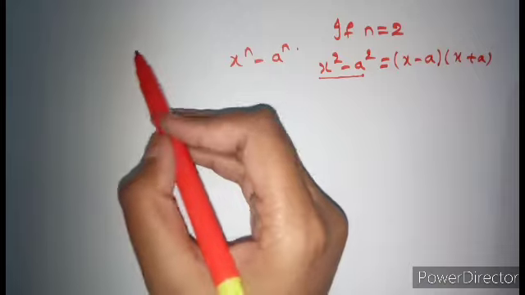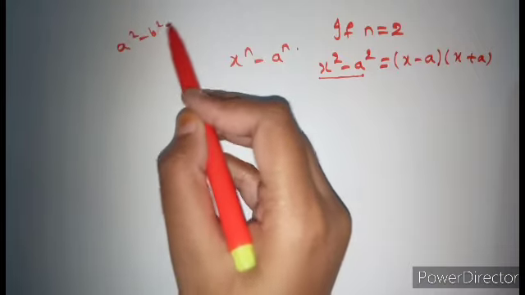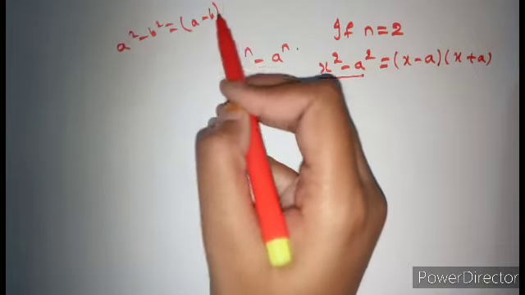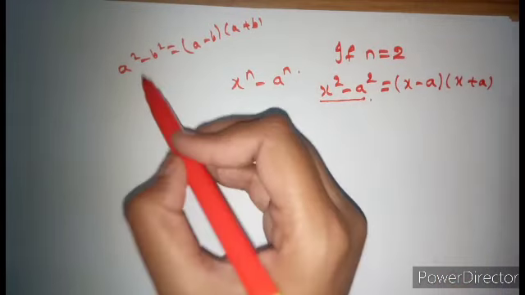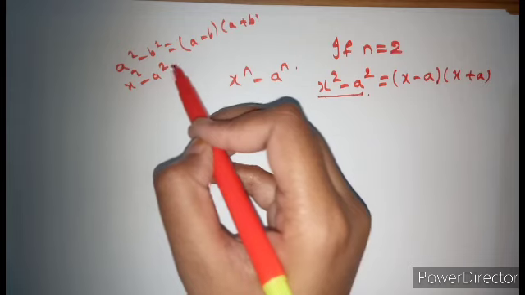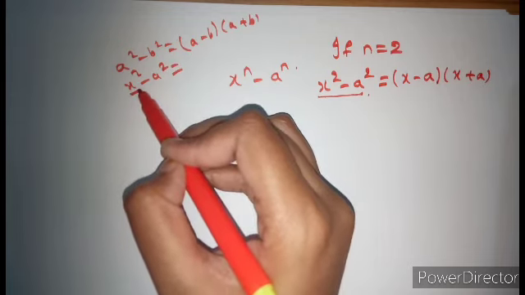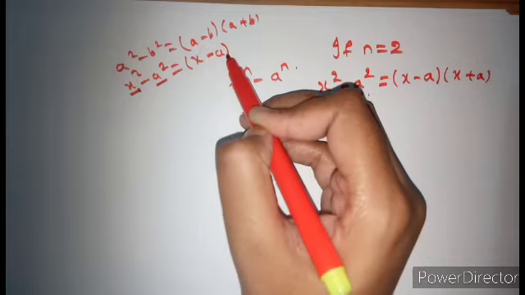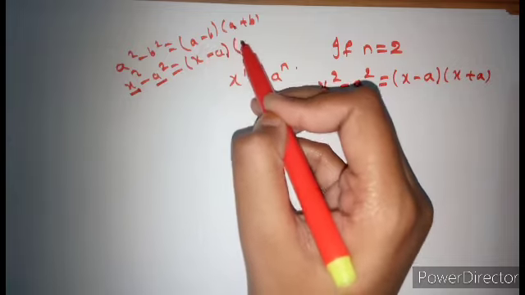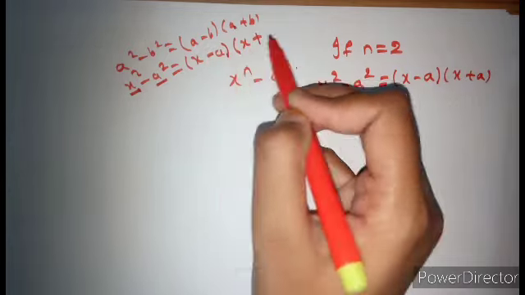So we have a^2 - b^2, whose formula is (a - b)(a + b). Here we have x^2 - a^2. In place of a we have x, so x minus; in place of b we have a, so x - a. In place of a we have x, plus; in place of b we have a.